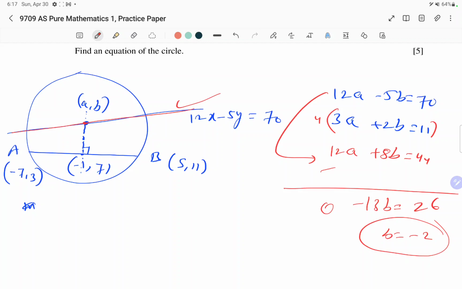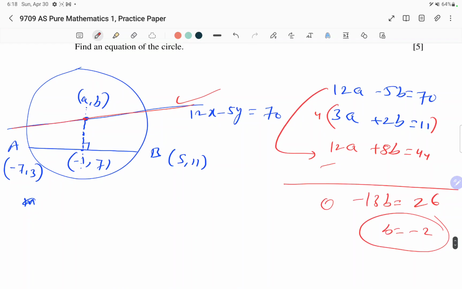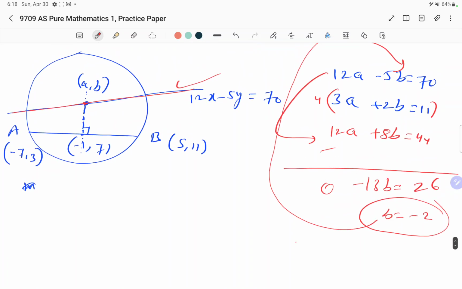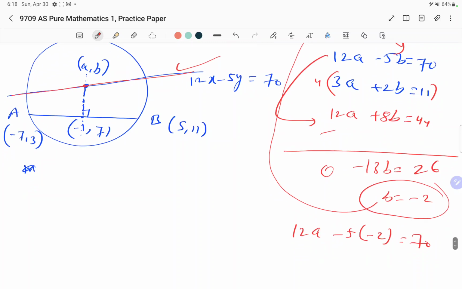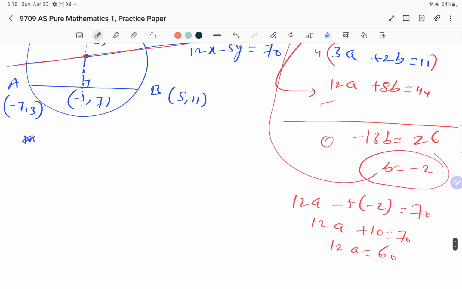Now when b is minus 2, we can get a as well. So just put b equals minus 2 over here to get a. So 12 times a minus 5b equals 70. So this is 12a plus 10 equals 70. 70 minus 10 is 60. 60 over 12 is 5.